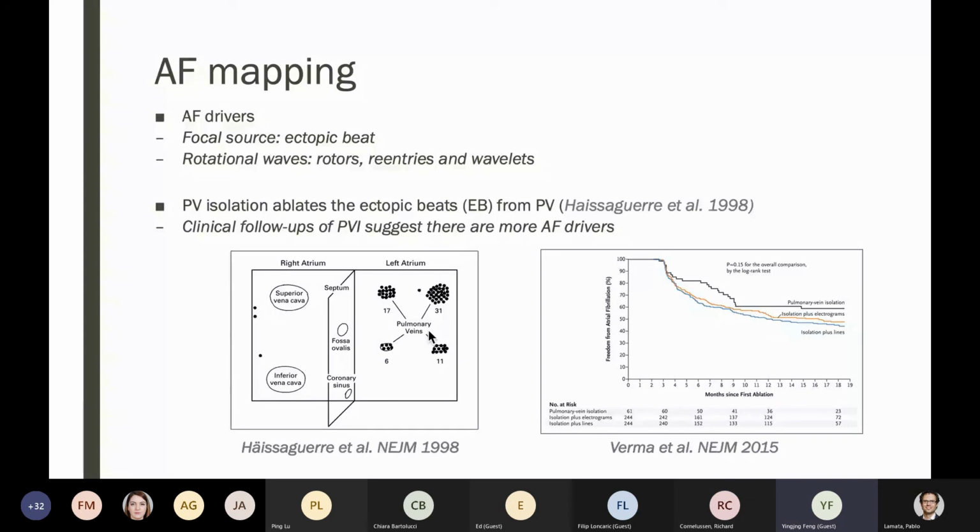But if you have a focal source elsewhere, PVI doesn't close off that focal source and is not effective.